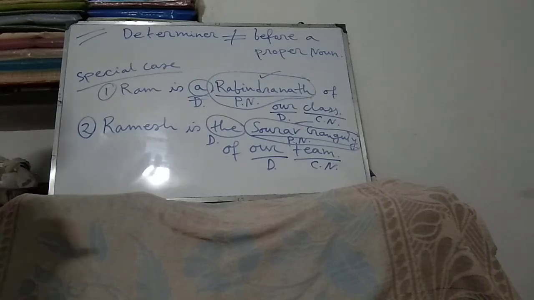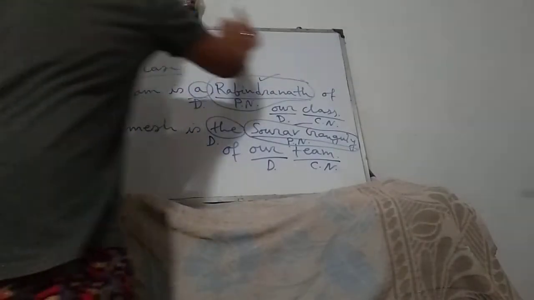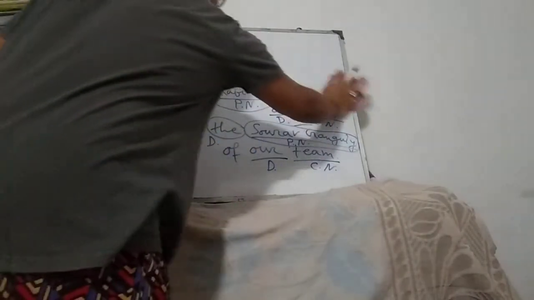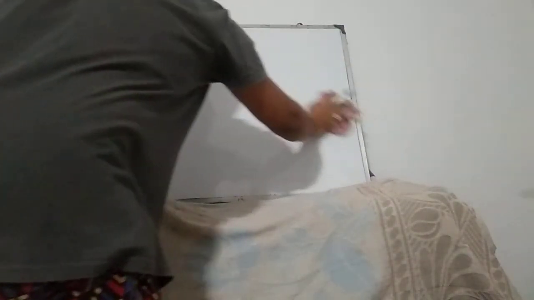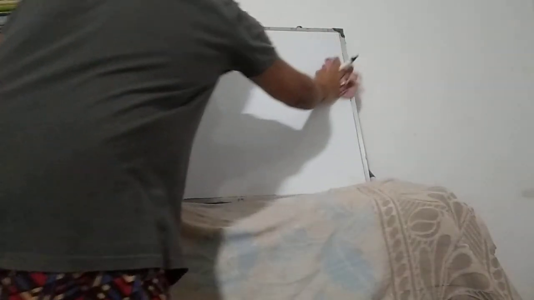Now I am coming to the classification of determiner. In your book you will surely note down the classification which is clearly given. There are many different classifications in different books, but you must follow the prescribed book.